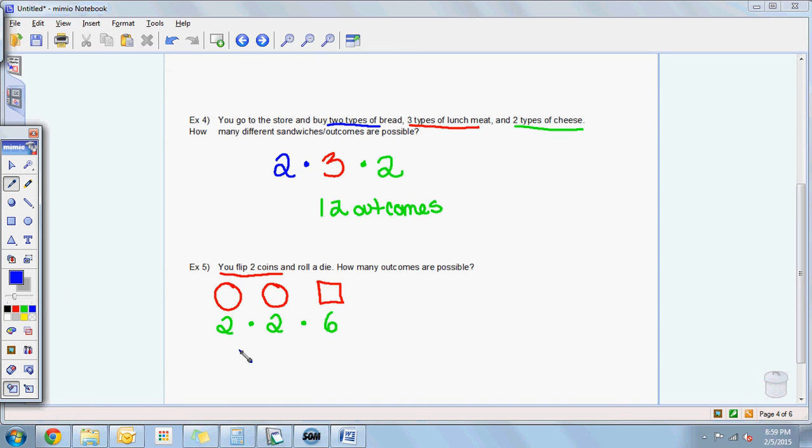So you're going to multiply them together. 2 times 2 is 4, times 6 is 24 outcomes. Alright, so you choose tree diagram, or you could just do the shortcut by multiplying the number of outcomes on each situation. Alright, there's the counting principle.